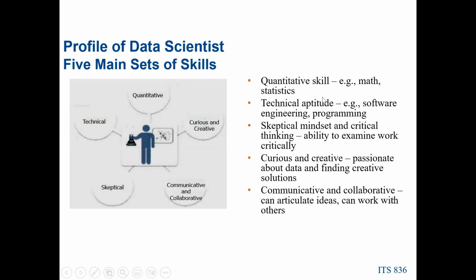The quantitative skills are such as mathematics and statistics, technical aptitudes such as software engineering and programming, and a skeptical mindset and critical thinking, the ability to examine work critically.